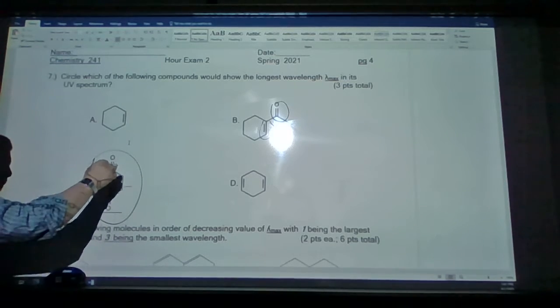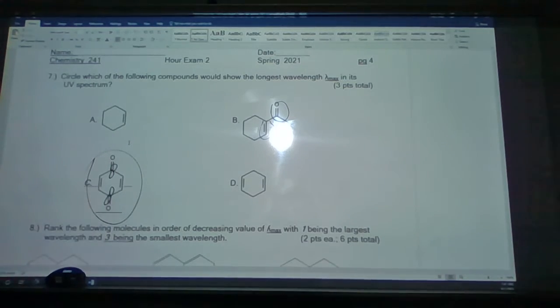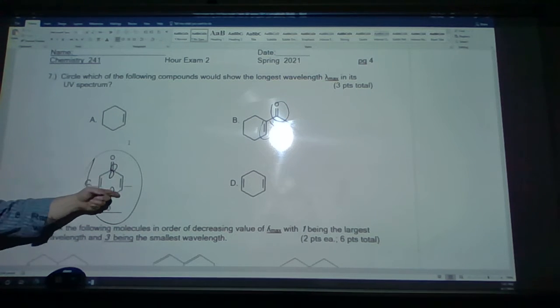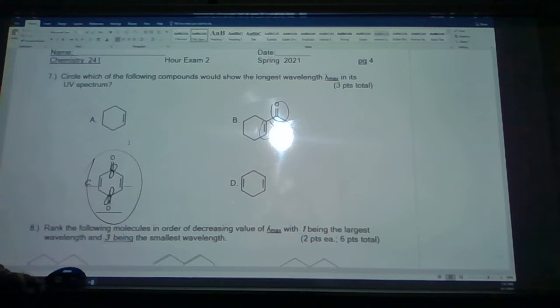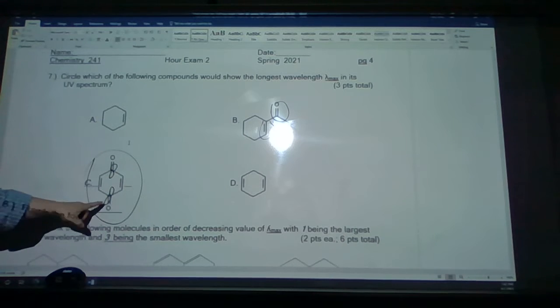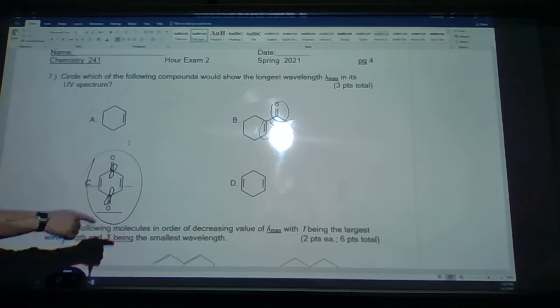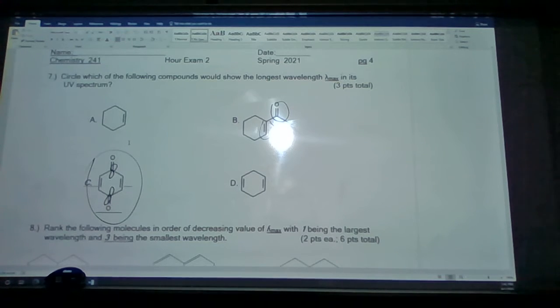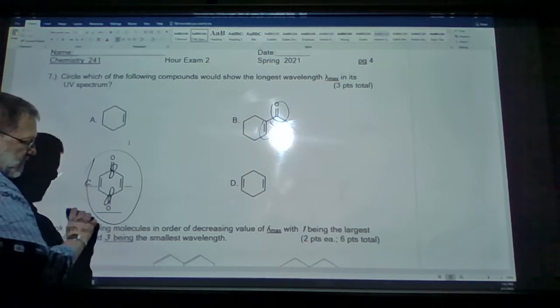Because there's double bonds, p orbitals, on those carbon atoms. So this is conjugated around the entire ring. So this compound, because of the conjugation possible because of the p orbitals here on each of the carbons of the double bond, has 1, 2, 3, 4 possible sites of conjugation. Therefore, all 4 of those double bonds are conjugated. Therefore, this has the largest lambda max, highest wavelength.